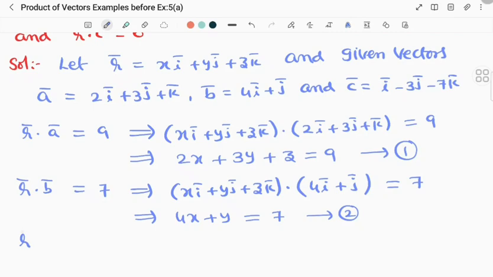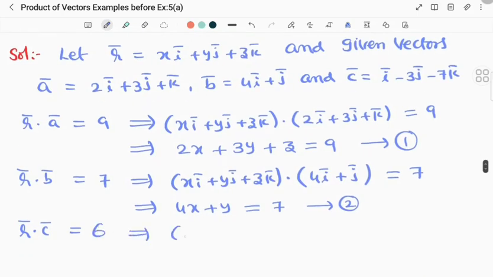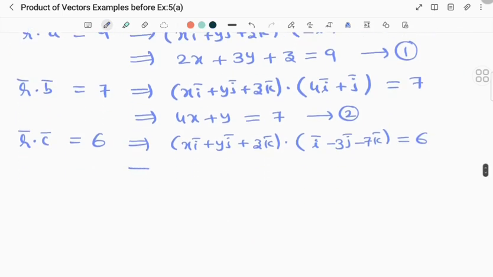Next, r bar dot c bar is equal to 6. So xi plus yj plus zk dot c bar vector i minus 3j minus 7k is equal to 6. That implies x into 1 plus y into minus 3 plus z into minus 7 is equal to 6. Equation number 3.